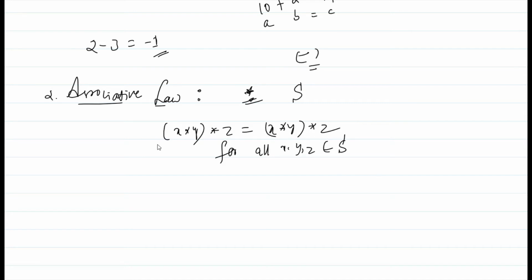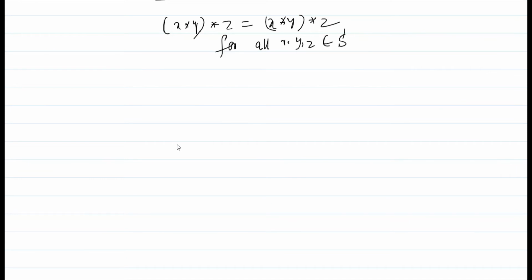To prove this, you can take values for x, y and z and do that. We will discuss that also in a later class, and this is what the associative law states.